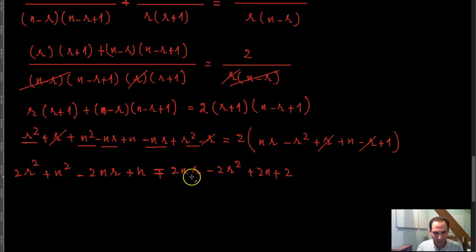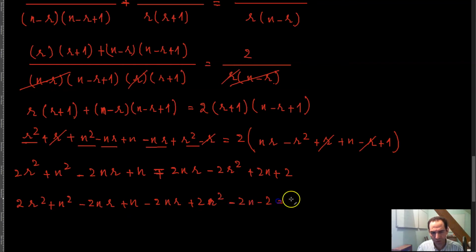Now, bringing everything to one side of the equation, you get 2r squared plus n squared minus 2 times nr plus n minus 2 times nr plus 2 times r squared minus 2n minus 2 is equal to 0.